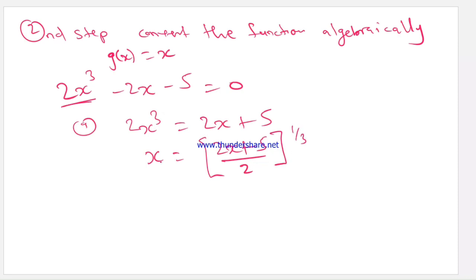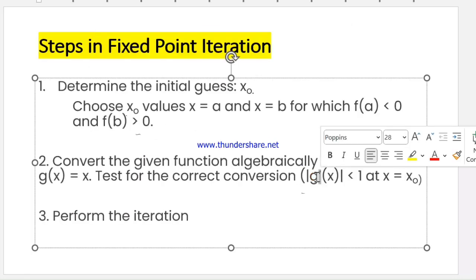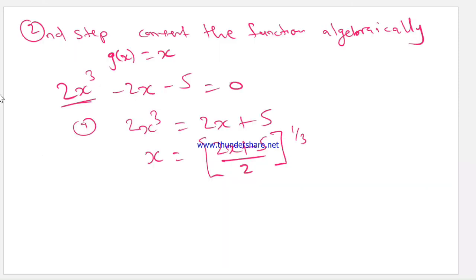So we have chosen this, but we have to test. You remember the test we need to perform, that does it satisfy the differential of g less than 1? So let's try to substitute that. So this is g of x now that we have chosen. Now g prime of x equals what?